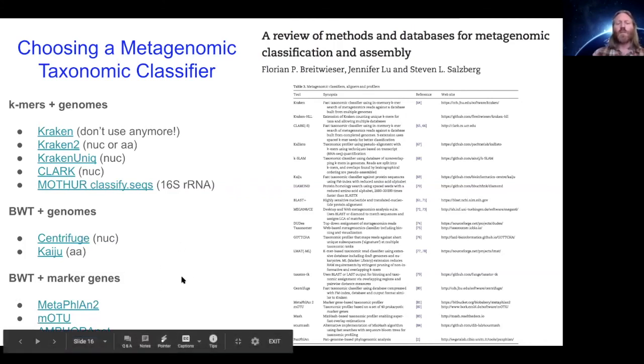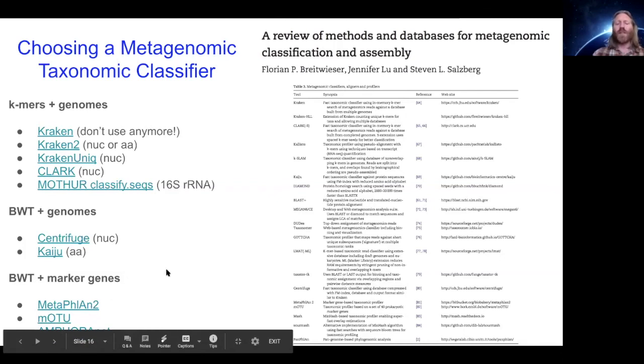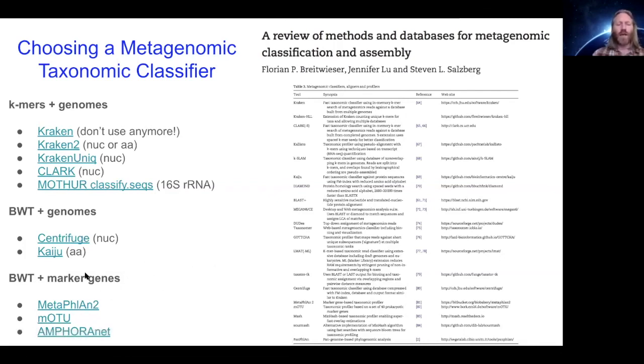There's also a couple of packages that use the BWT with marker gene databases. So MetaPhlAn and MetaPhlAn2, mOTU, and Amphora.net are some of those. And those may be discussed later, or maybe on the functional annotation side of things.